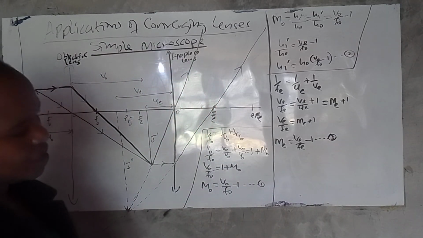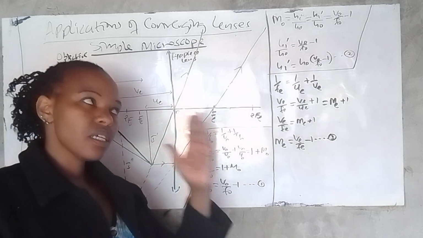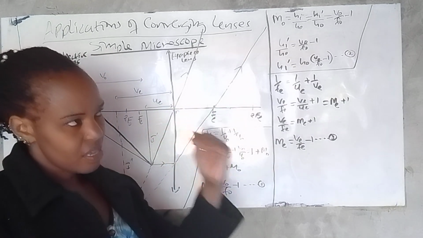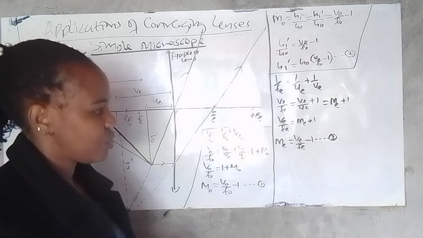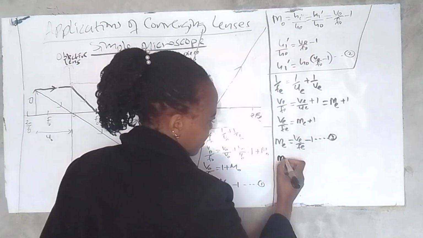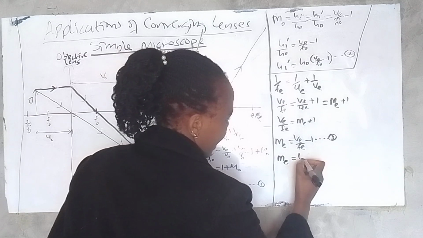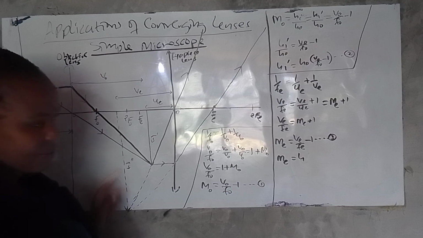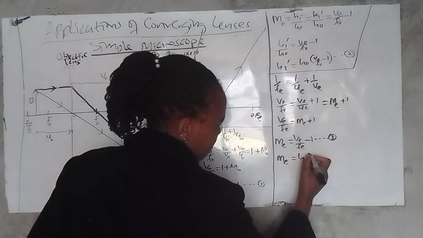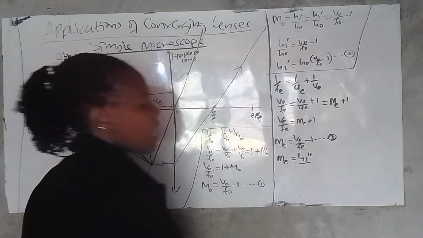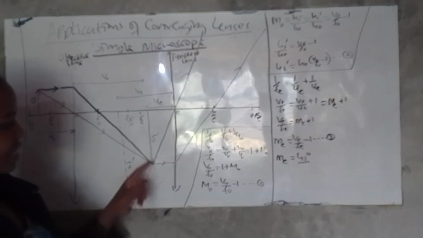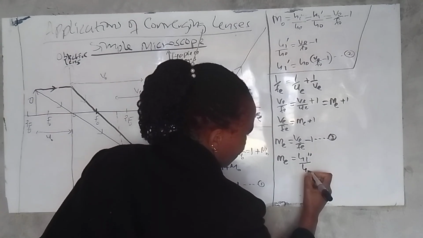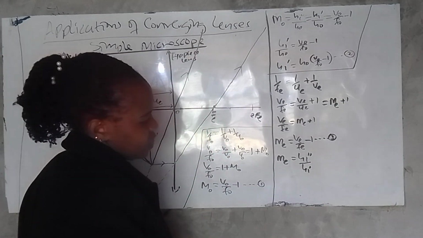But again, magnification is image distance divided by object distance, or image height divided by object height. So we can say that ME can also be given by height of image. But what image are we talking about this time? I prime prime. So height of I prime prime divided by height of object. But what is the object we are referring to? I prime. So divided by height of I prime.